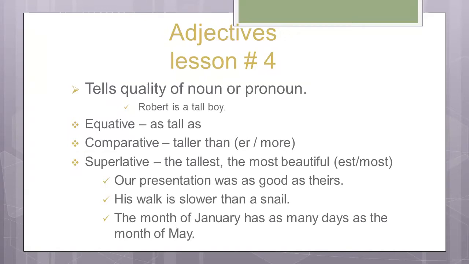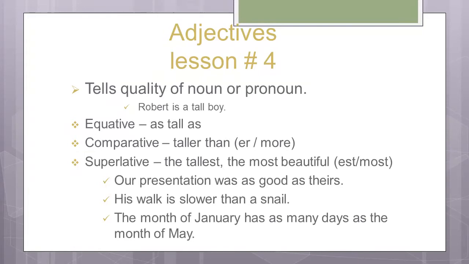So when there is an adjective with er or more, that is comparative. When there is an adjective with est or the most, that is superlative adjective. And one more thing about superlative adjective, that we always add the before superlative adjective. The tallest, the most beautiful.